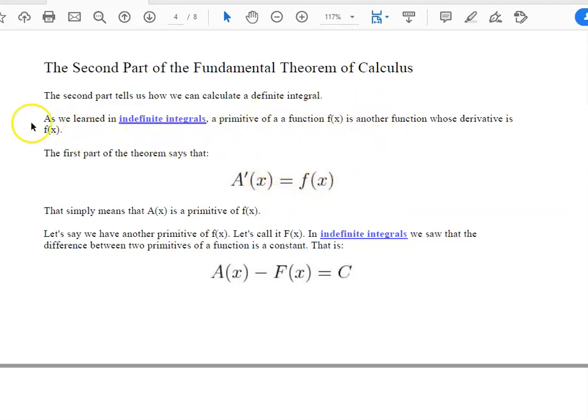So the primitive of this function f of x is another function whose derivative is f of x. We can always add some constant here and make a slightly different function. We call them the family of functions. If we add a different constant each time, we have a different function that we take the derivative of, but it still gives us the same answer because the derivative of a constant is 0.